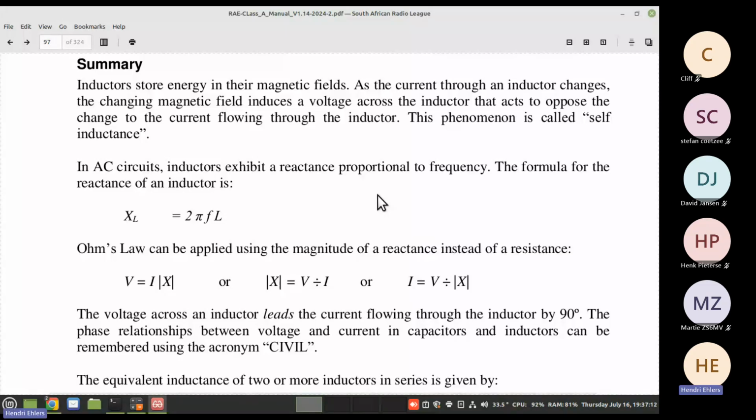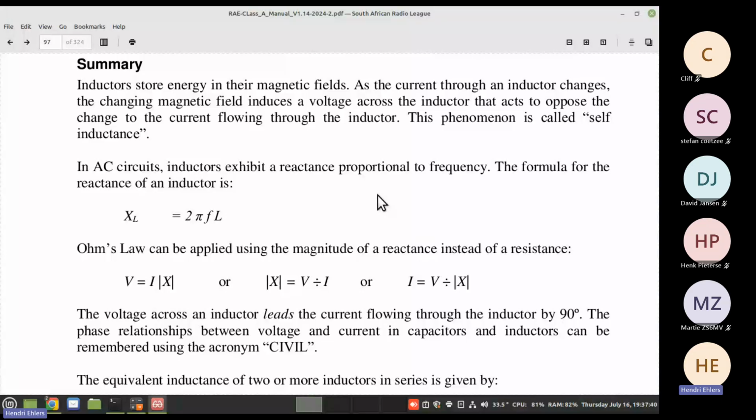Right, summary. Inductors store energy in magnetic fields. As the current through an inductor changes, it changes the magnetic field in the inductor, and that induces a voltage across the inductor that acts opposite to the change in the current flowing through the inductor.